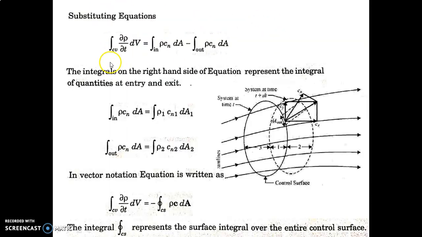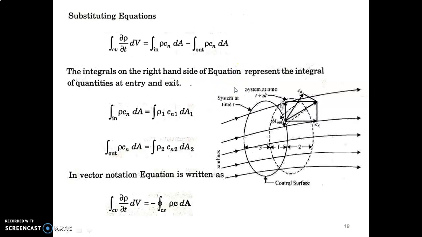So in the previous equation, if we give dou rho by dou t equal to 0, the entire left hand side will be equal to 0. So we can write the surface integral over cs of rho c dA is equal to 0.